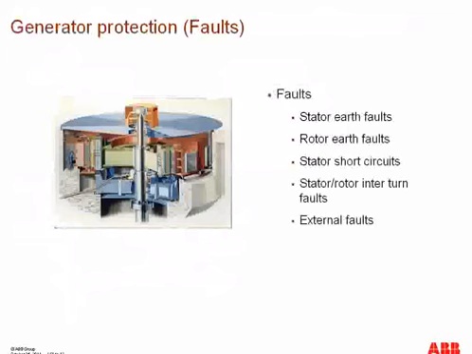Now let's come back to our topic: what type of protections, or what type of faults as well as abnormal conditions, can occur in generators. We differentiate between faults and abnormal conditions because it's not always necessary to issue the trip command to the generator, because we do not want the generator to be off the power system without any serious trouble.